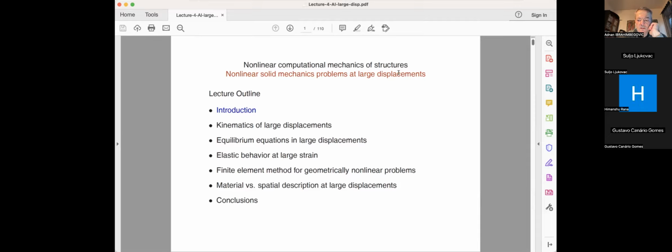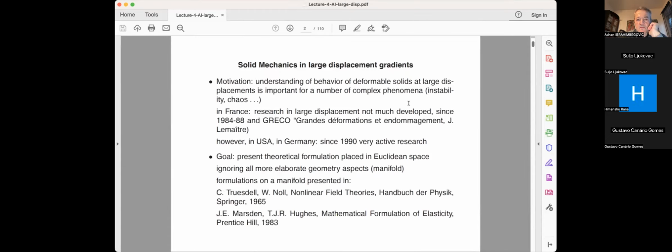So first of all, the motivation for this is being able to handle many different industry applications where large displacement, large rotation would occur. And this is also leading, in statics, to something called instability phenomena.